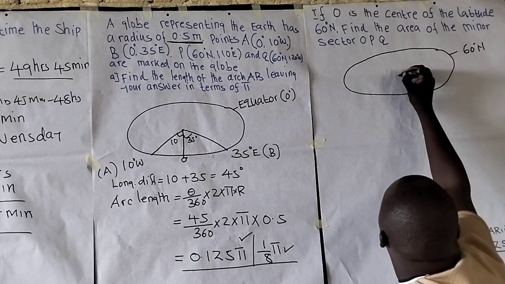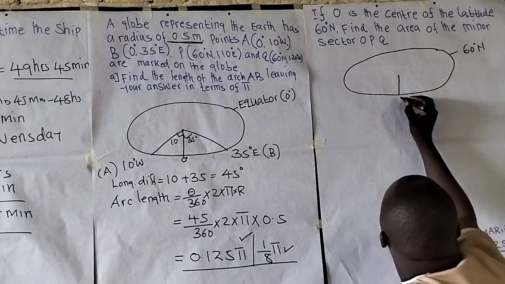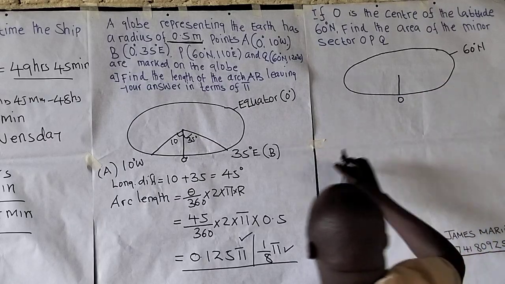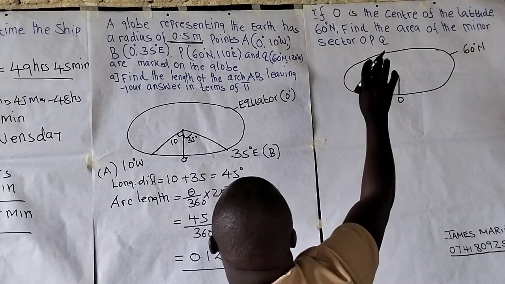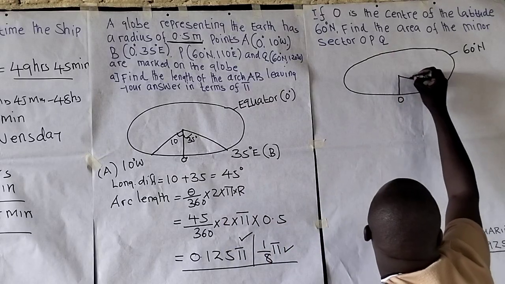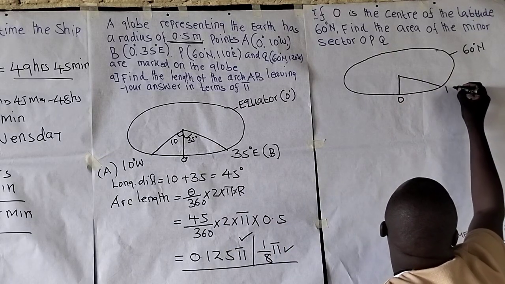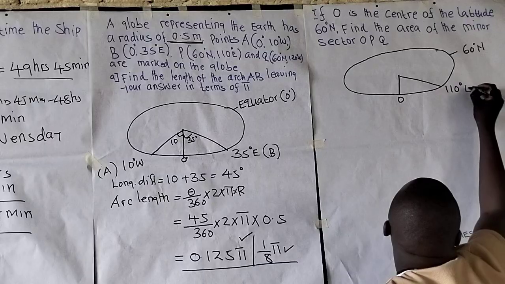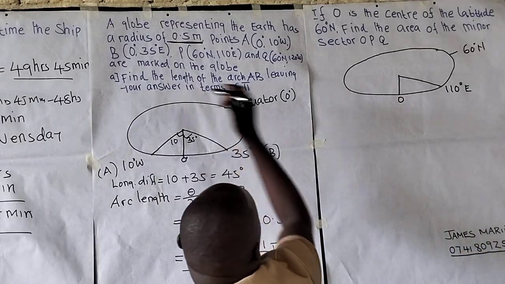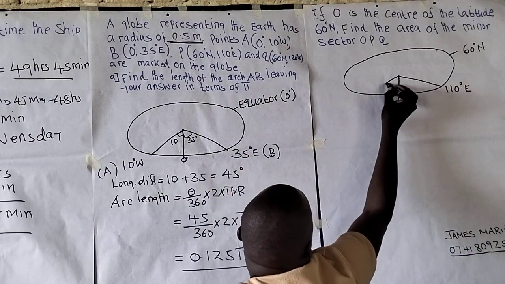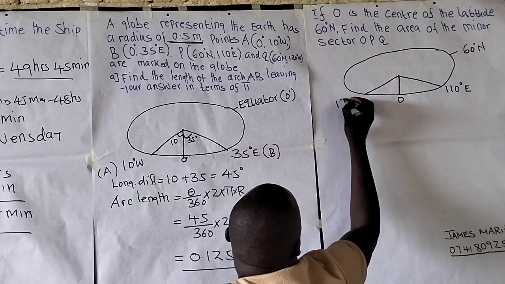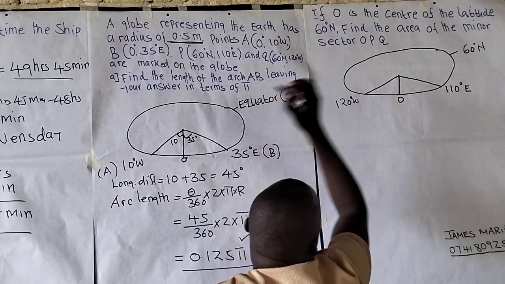We have the Greenwich meridian here. From 0 degrees, there is a point to the east, which is 110 degrees east. Then there is 120 degrees west.